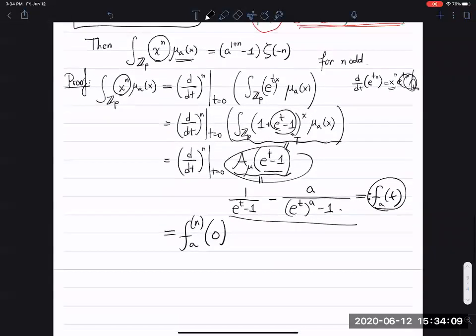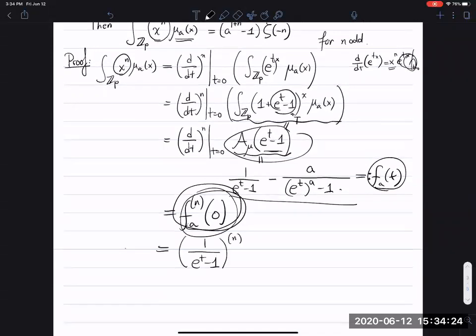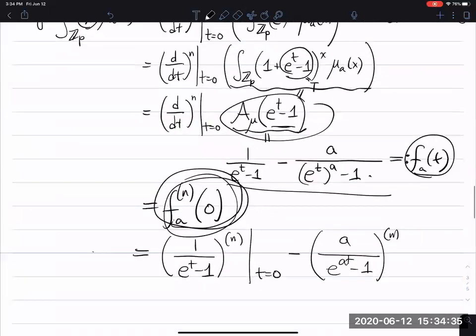So now we have to compute this fa nth derivative at 0. So let's continue. You have two terms. This is 1 over e to the t minus 1, taking the nth derivative at t equals 0, minus a of e to the at minus 1, taking the nth derivative, evaluated at t equals 0.